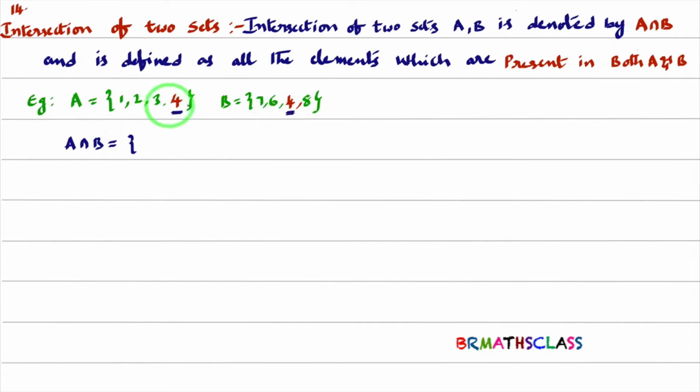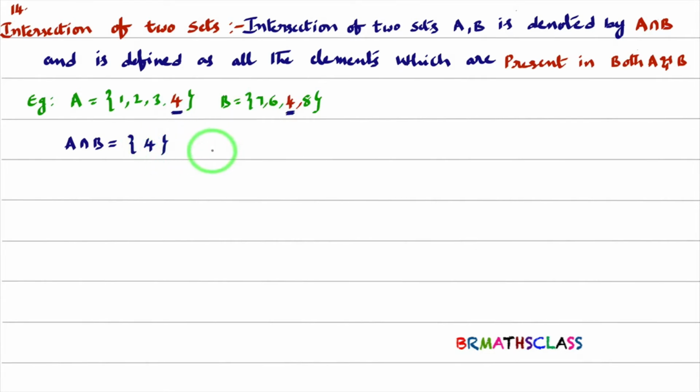So the elements which are common in both A and B come in A intersection B. Is there any other element which is common in both? No. 4 is the only element which is present in both A and B. So A intersection B is the singleton set {4}.